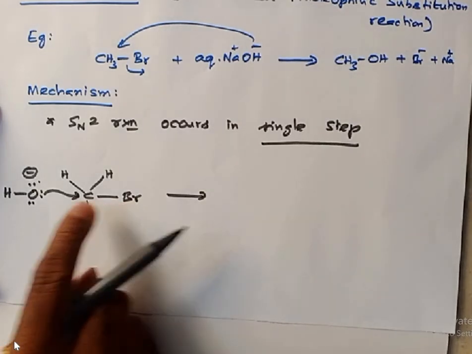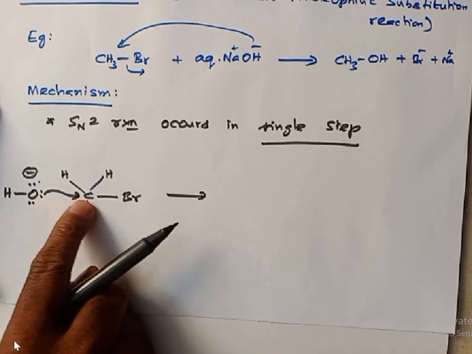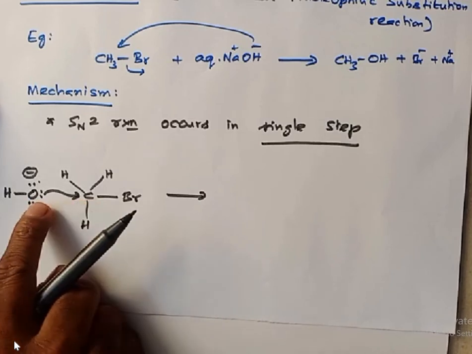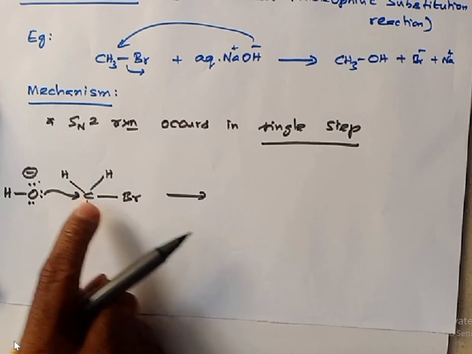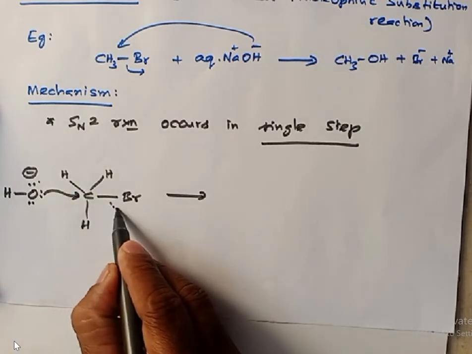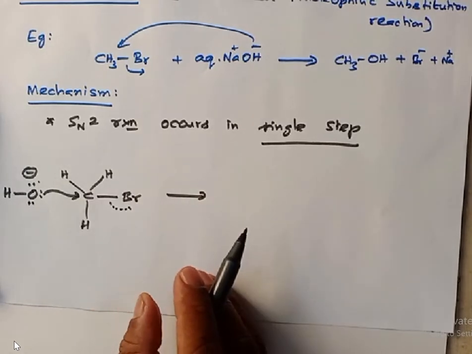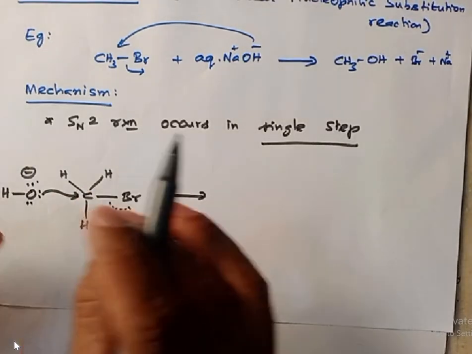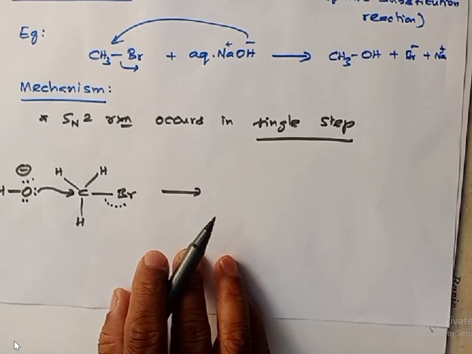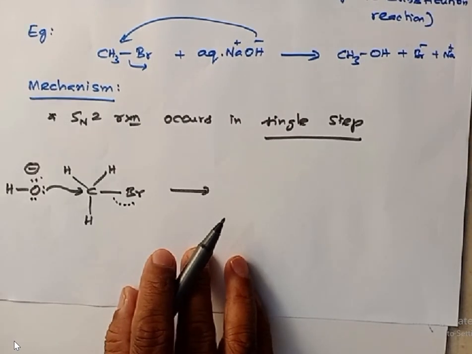So you will get a new bond. A new bond starts to form between this oxygen and carbon, and the bond between carbon and bromine starts to break. These two occur simultaneously, which we cannot detect through instruments.